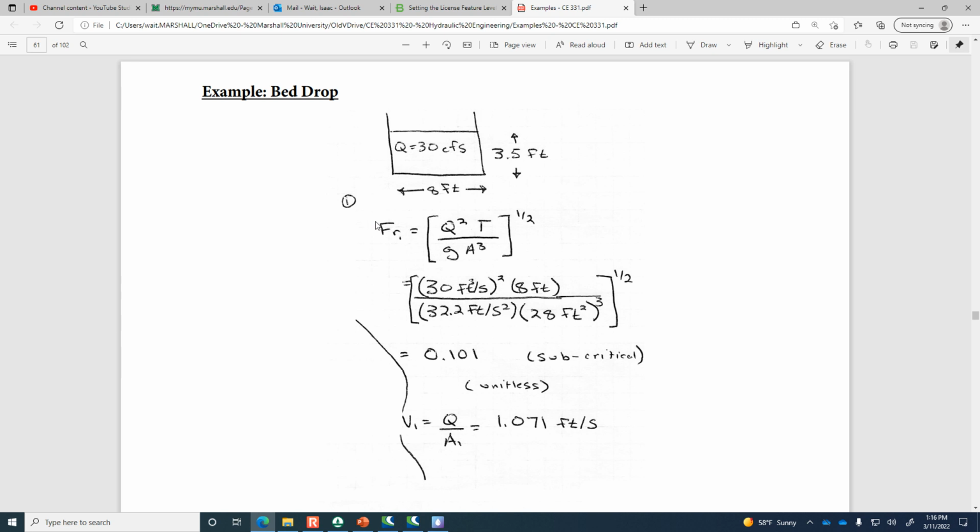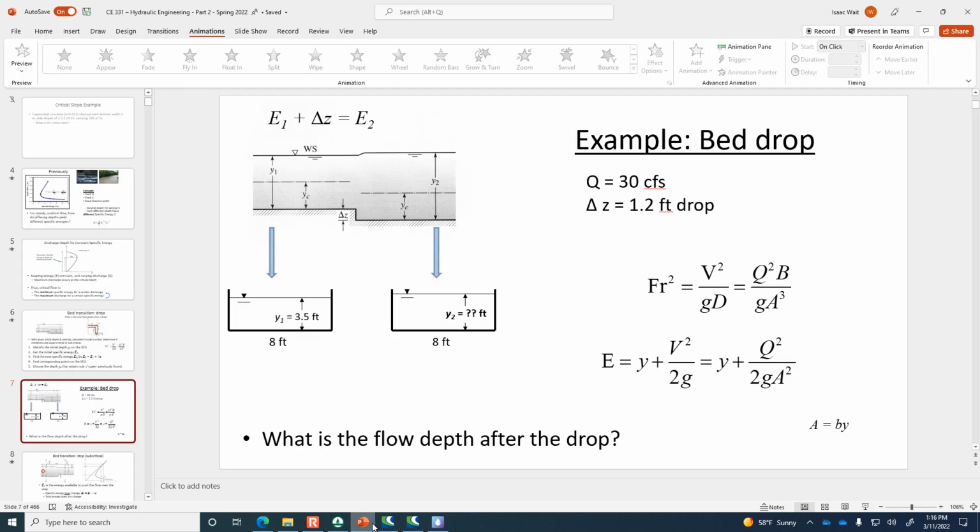Let me turn off the monitor for a second. I'll sketch this out. We've got a channel that is 8 feet wide.